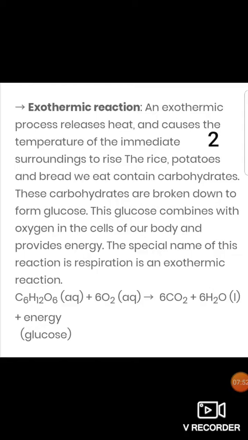So the symbol C6H12O6 in aqueous form is glucose, which reacts with 6O2, that is oxygen, and gives out 6CO2, carbon dioxide, plus 6H2O, water, and energy. This is called an exothermic reaction in the form of a combination reaction.